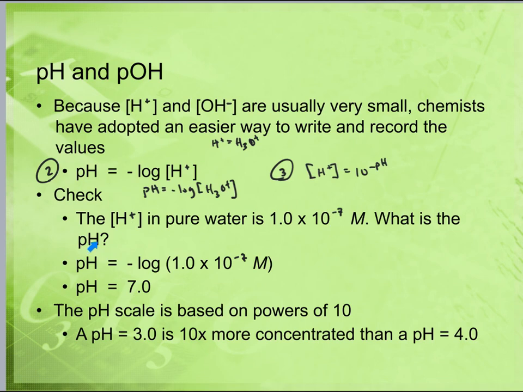What is the pH? So what you want to do, and check this with your calculator now to make sure that you are getting the correct value, is type in the negative sign. You'll hit the log key, and it'll put a parenthesis there for you.